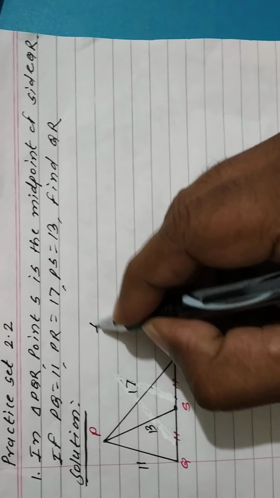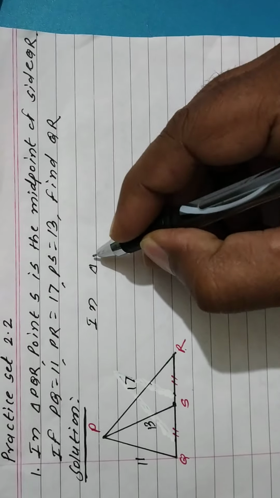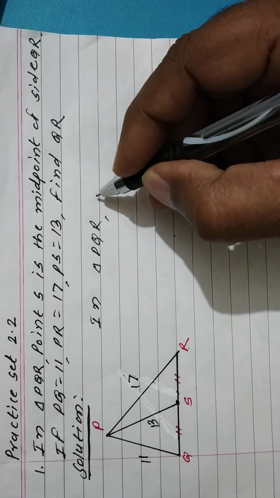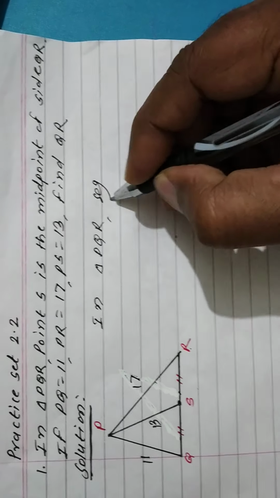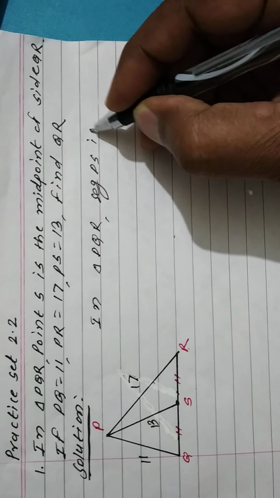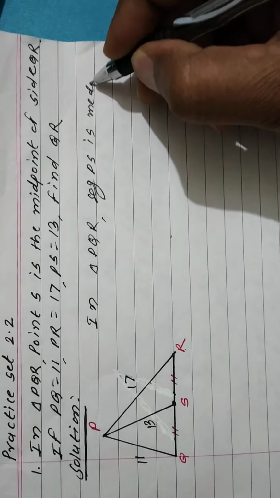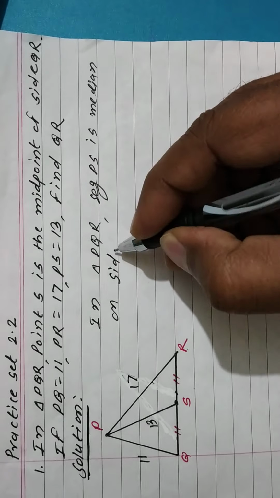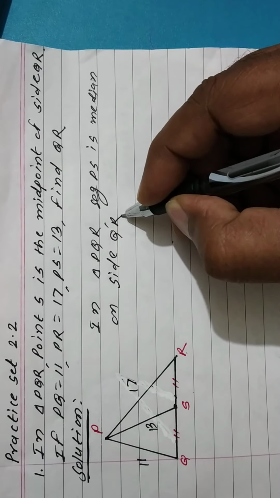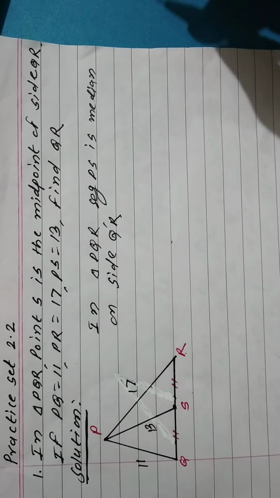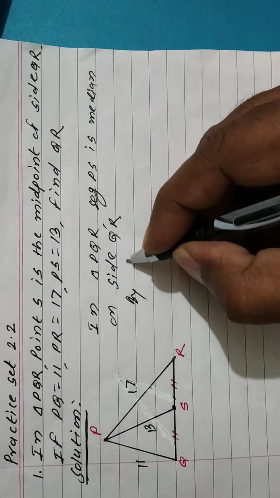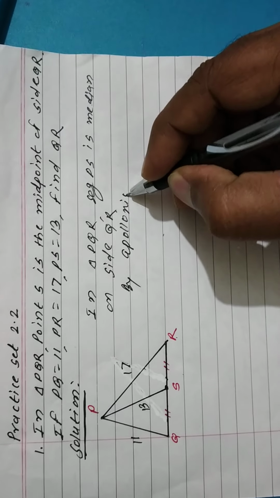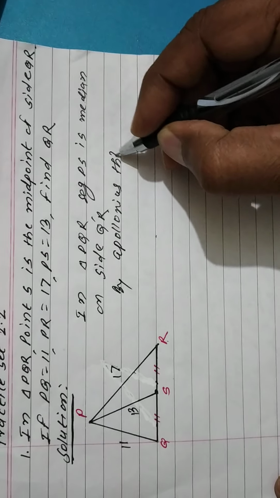Solution. In triangle PQR, segment PS is median on side QR. This is given by Apollonius theorem.